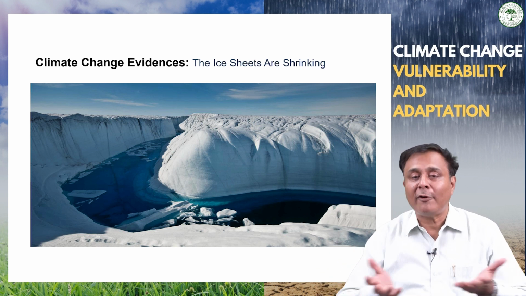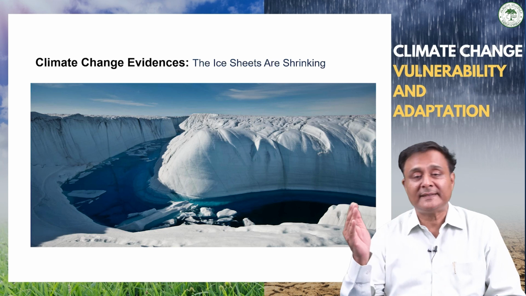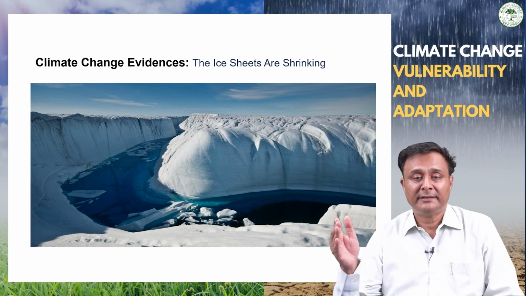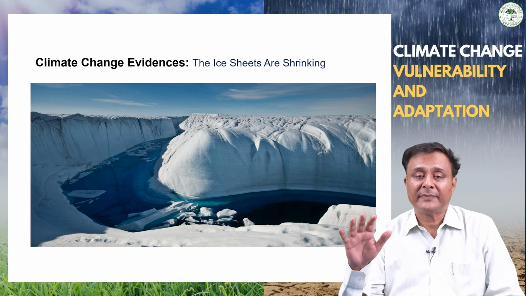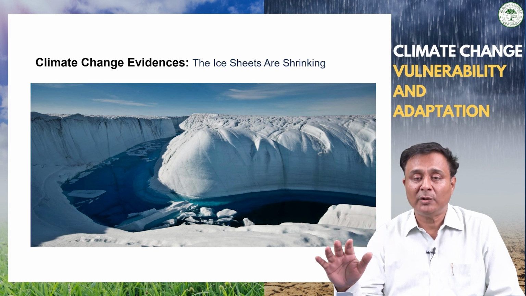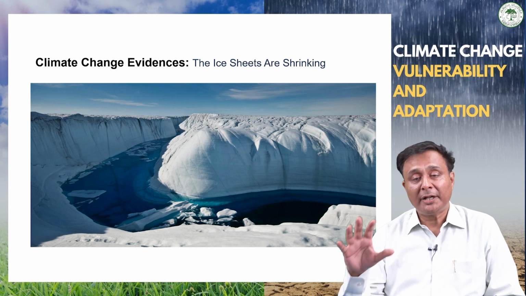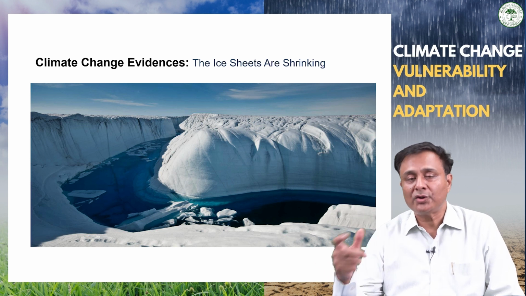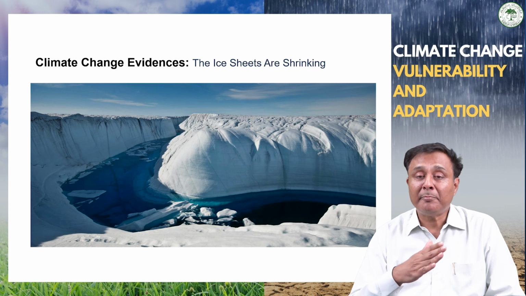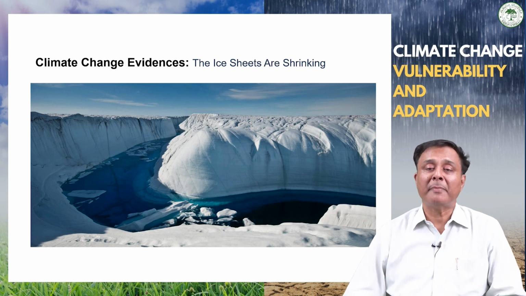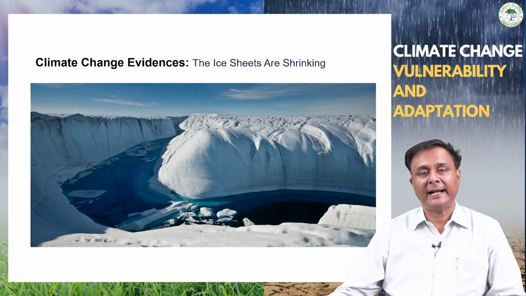But global warming is affecting these colder polar areas, where all around the year the temperature is very low and the ice does exist. But due to global warming, due to ocean warming, this ice is melting, and melting in great magnitude. That's also very important evidence for global warming and climate change.